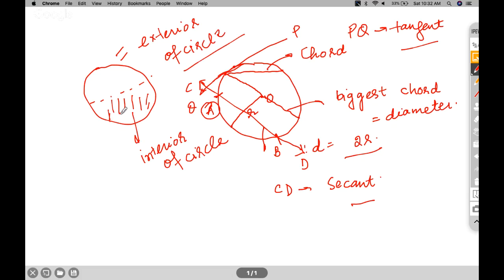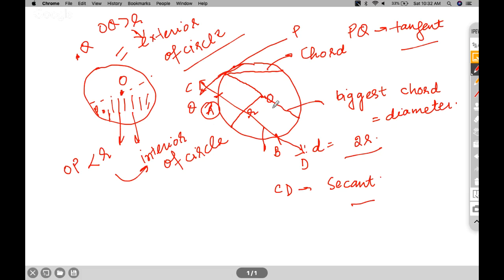So the way to define the interior of the circle: suppose you take the center O and you take a point P. If the distance between point P and center O is less than r, that would be the interior of the circle. If you take any point Q such that distance OQ is greater than r, that would be the exterior of the circle. So that's how it is.